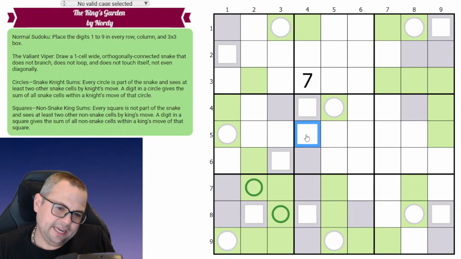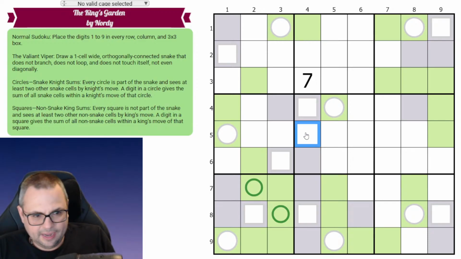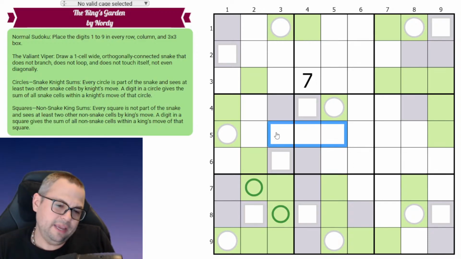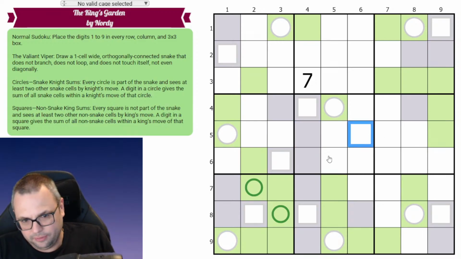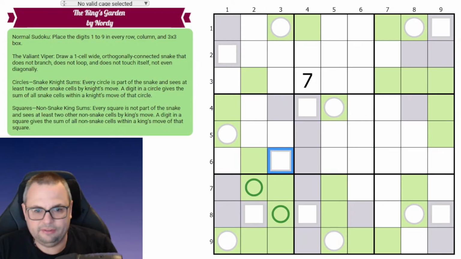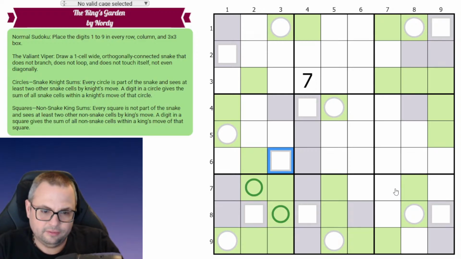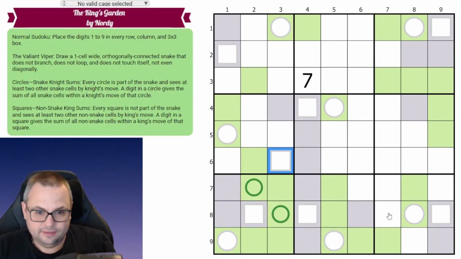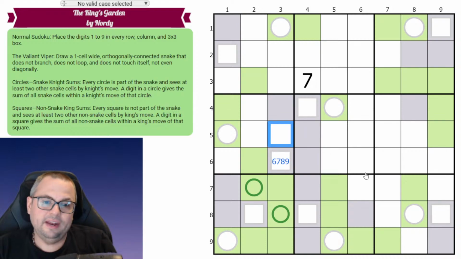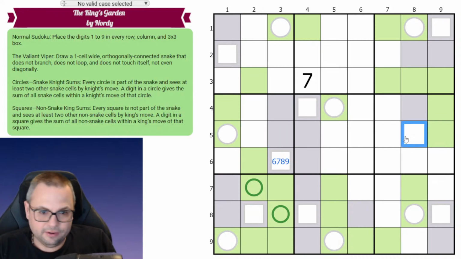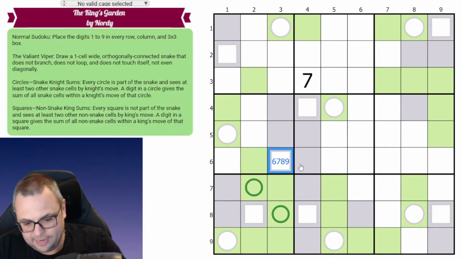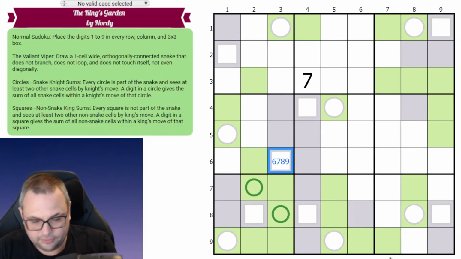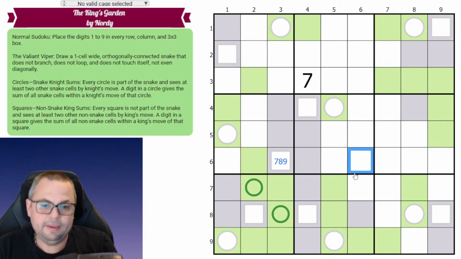This can't be snake is, I think, very relevant. Because if this was snake, the snake would come here and that would create a problem there. And that seems very important because now this number we at least know something about. It's certainly a 6, 7, 8, or 9, but now this can't be in either for basically the same reason. And so now this is a 7, 8, or 9. Oh, my keypad is not pairing well today. Oh, maybe it is.